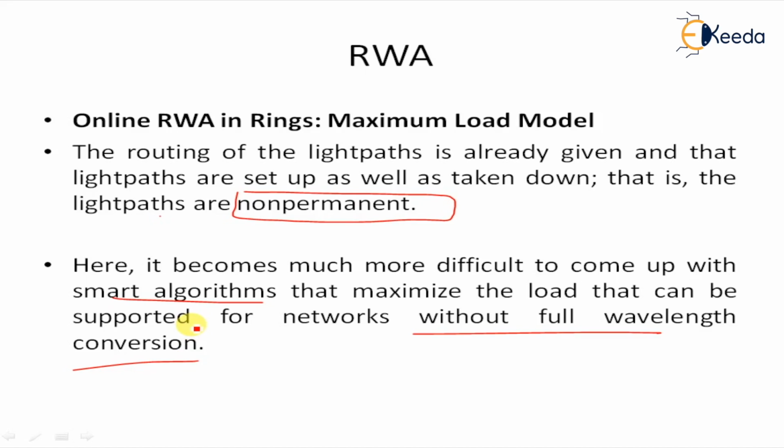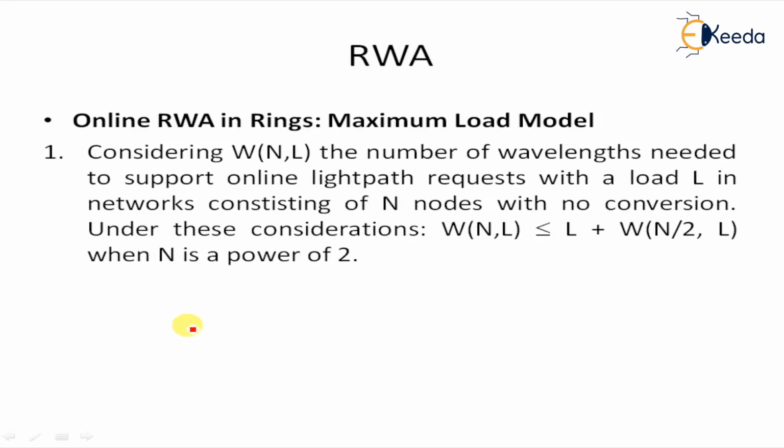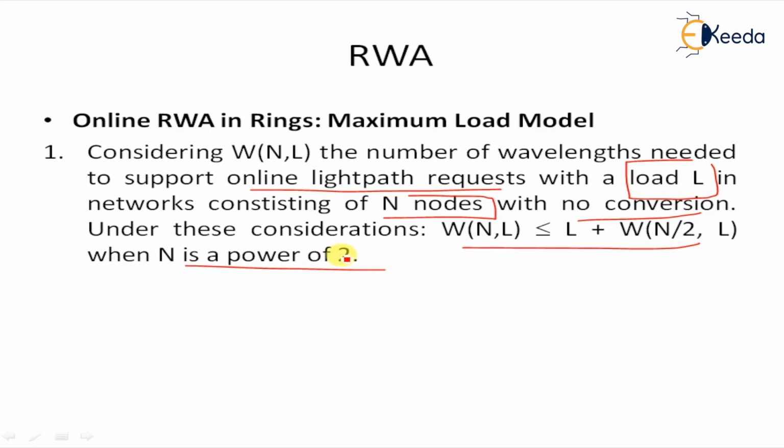So let us consider them one by one. First, consider W(n, L), the number of wavelengths needed to support online light path requests with the load L in a network using n nodes with no wavelength conversion, under the condition that n is a power of 2.